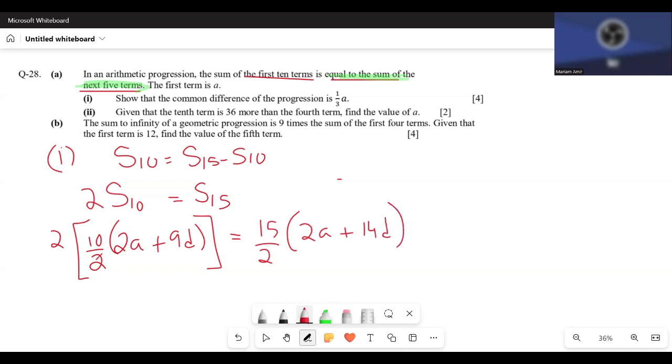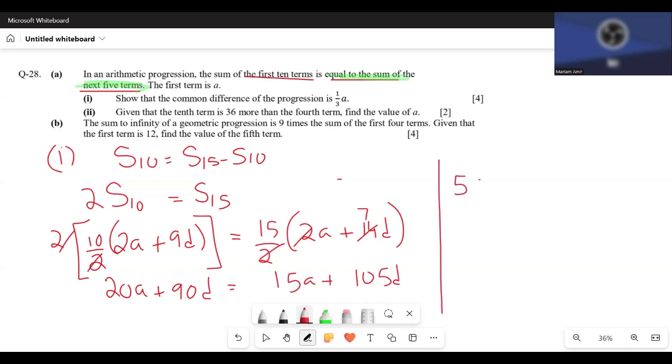Let's simplify it. 2 and 2 get cancelled. We have 20a plus 90d equals, cancelling this 2 with this 2, that becomes 7, so 15a plus 15 times 7, which is 105d.